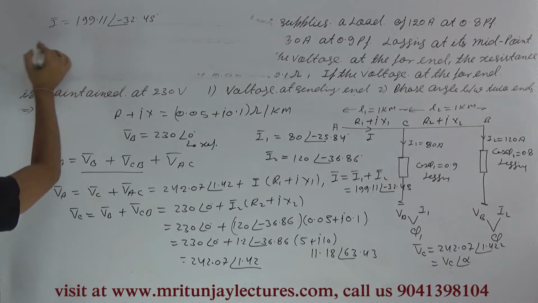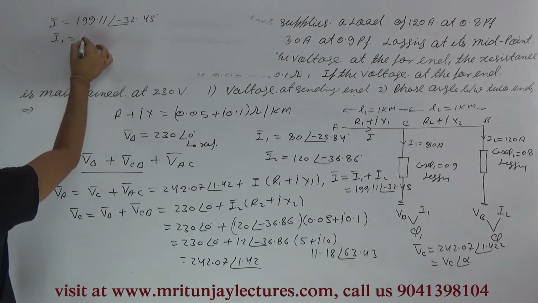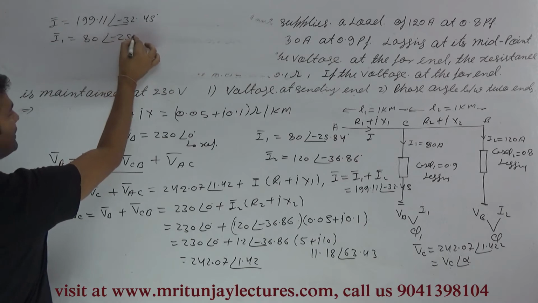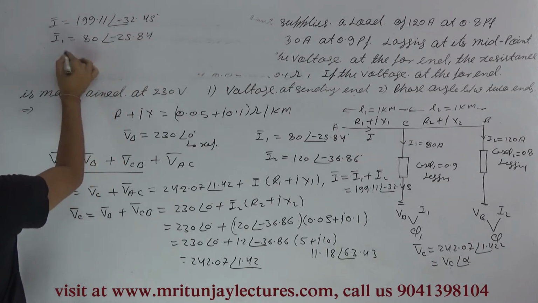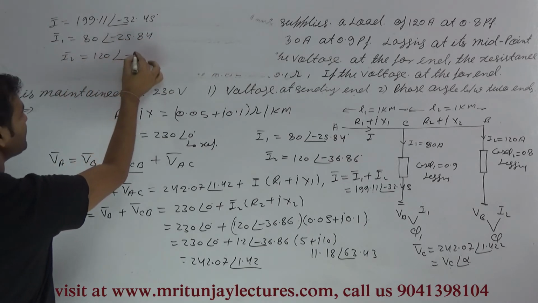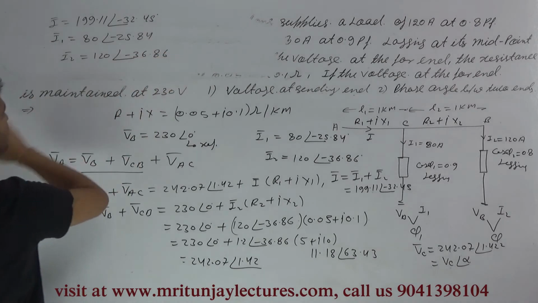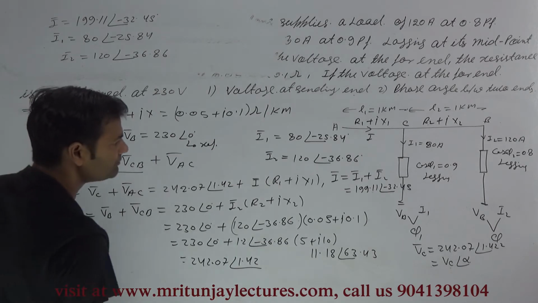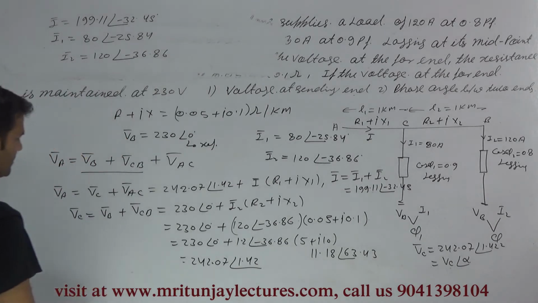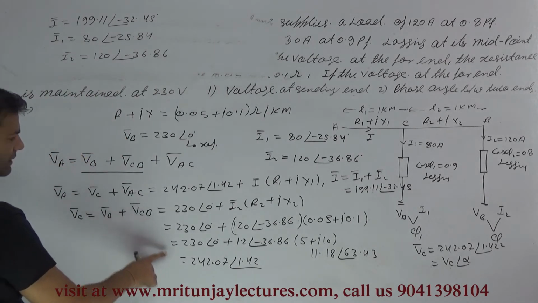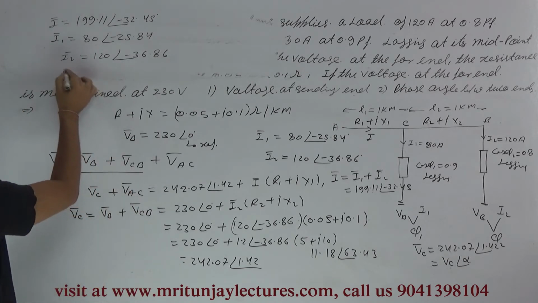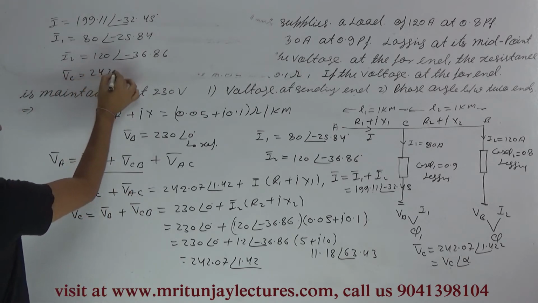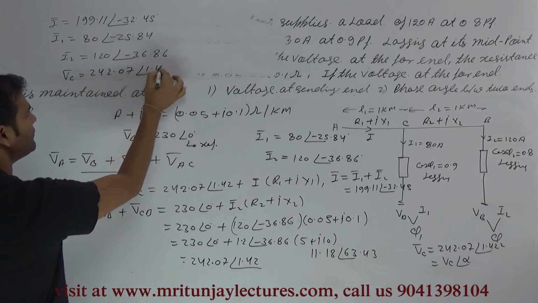I1 is 80 at the angle minus 25.84, I2 is 120 at the angle minus 36.86. Clear? And the voltage drop across AC, VC is equal to, we got 242.07 at the angle 1.42.